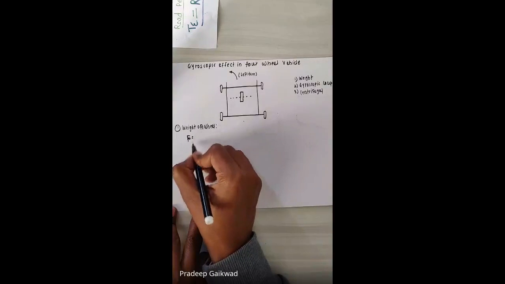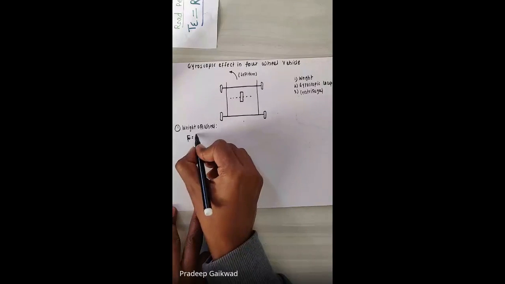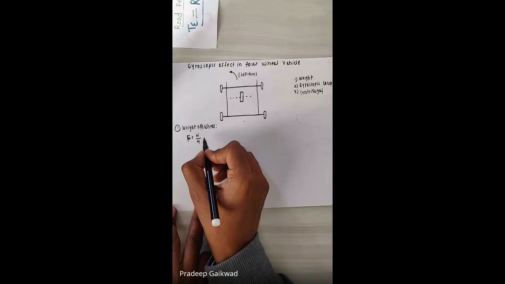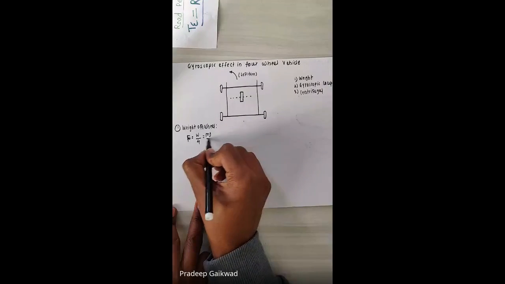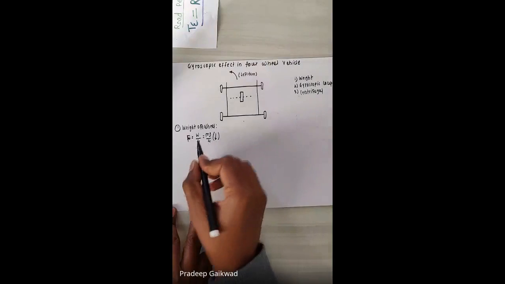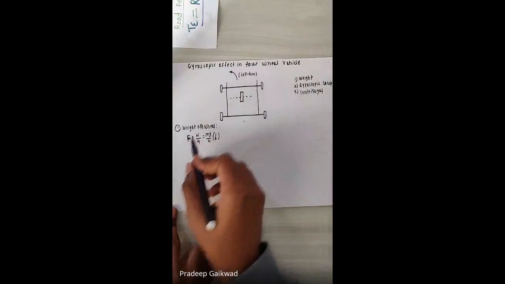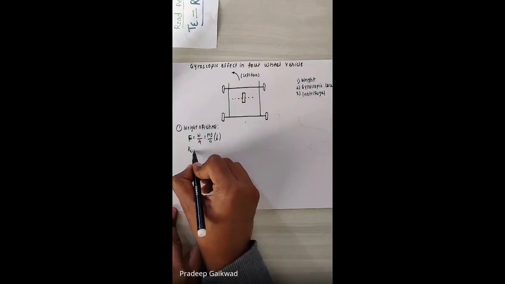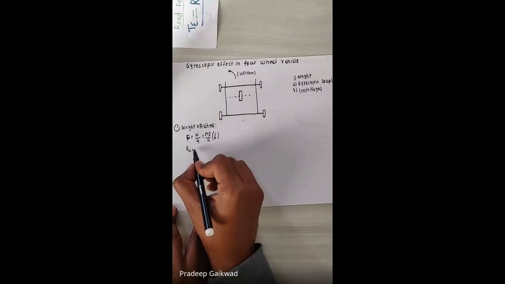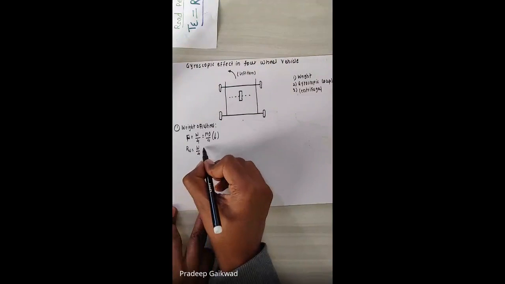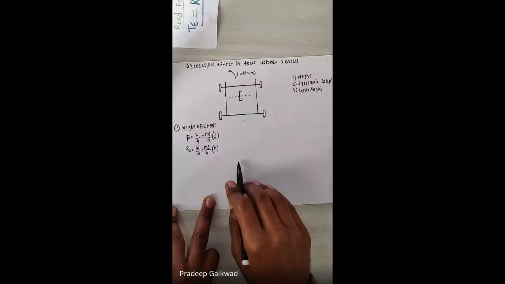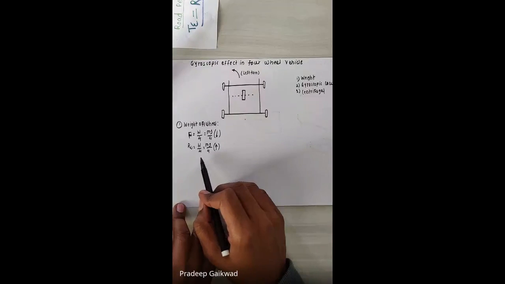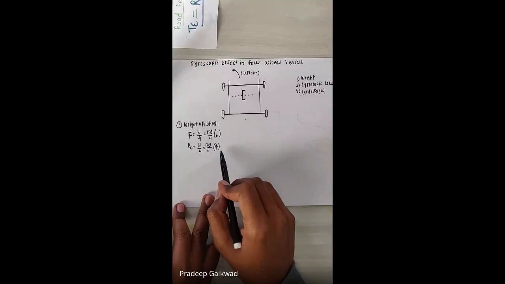The force is acting downward, and it is W by 4, nothing but mg by 4. So the reaction on each wheel due to this weight must be upward. The magnitude is the same, W by 4, equal to mg by 4, but it acts upward. So I have found one reaction: the reaction due to weight on each wheel, and it acts upward.